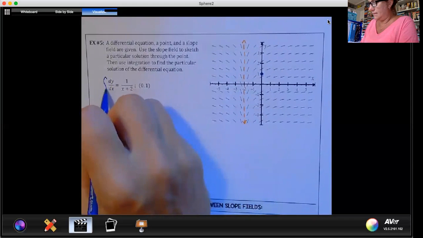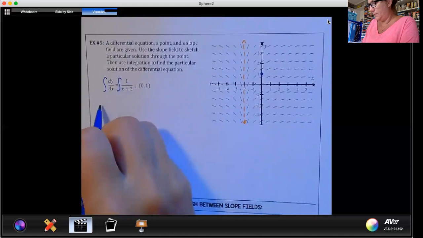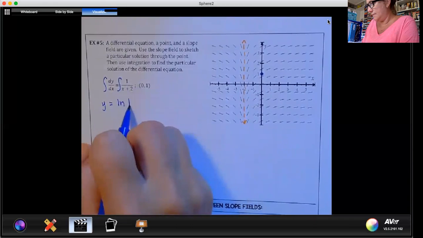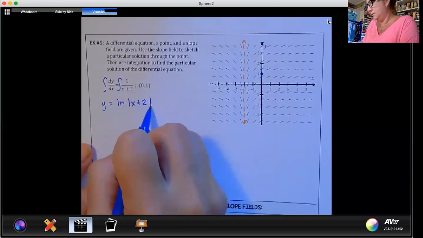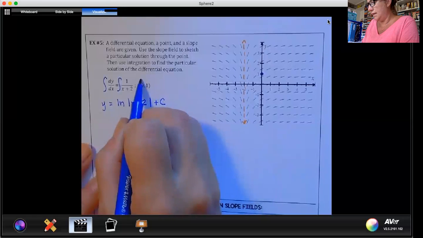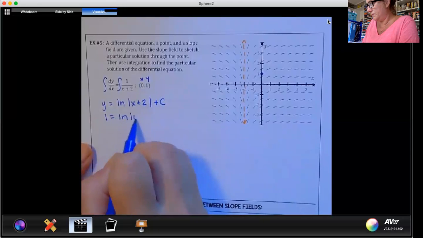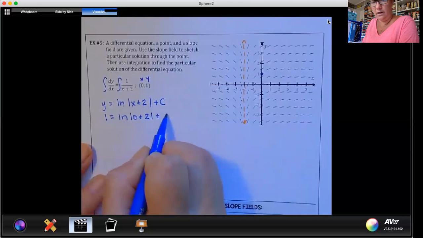So we're going to take the antiderivative of both sides. So y equals ln, absolute value of x plus 2 plus c, plugging in 0 for x and 1 for y. We're solving for c.